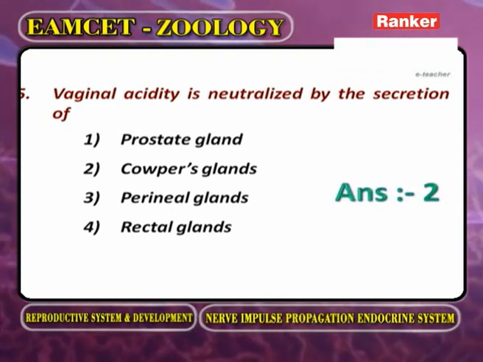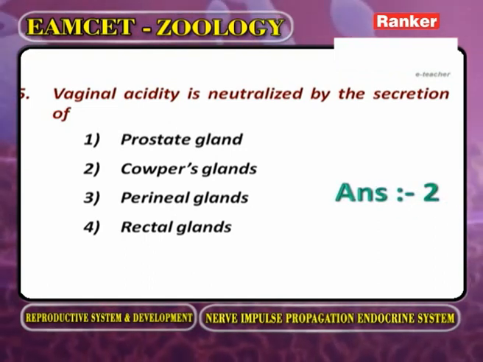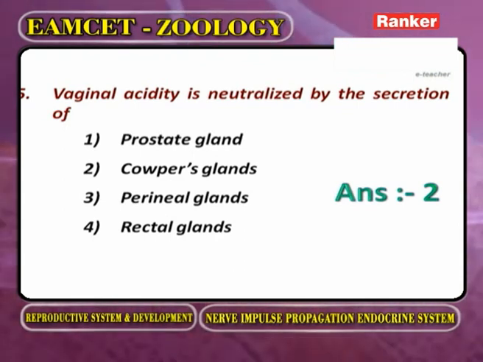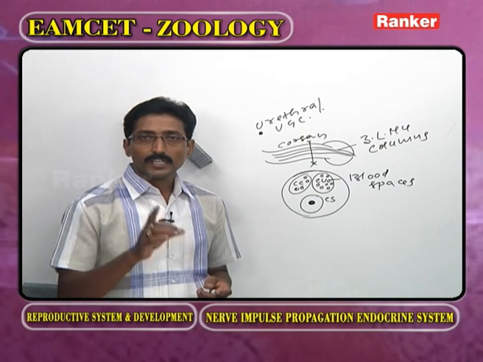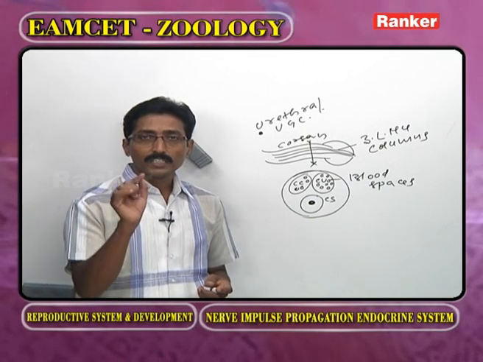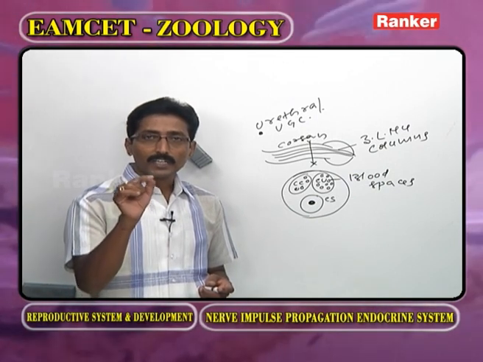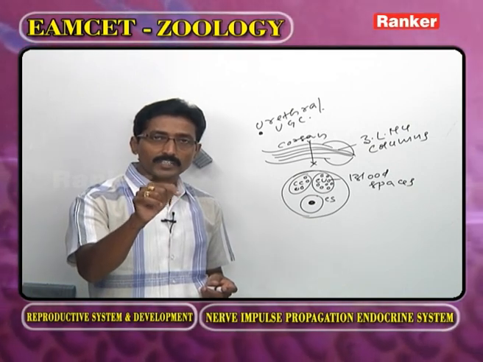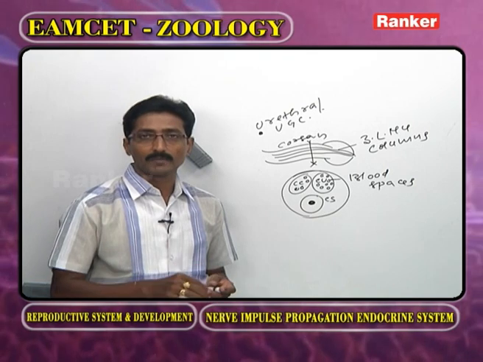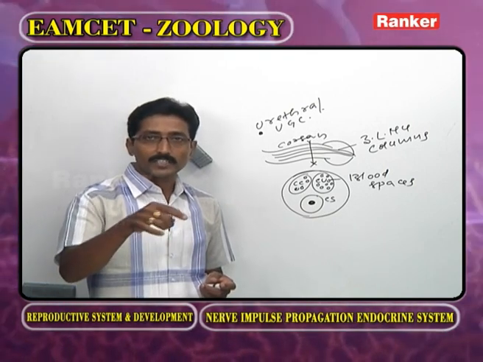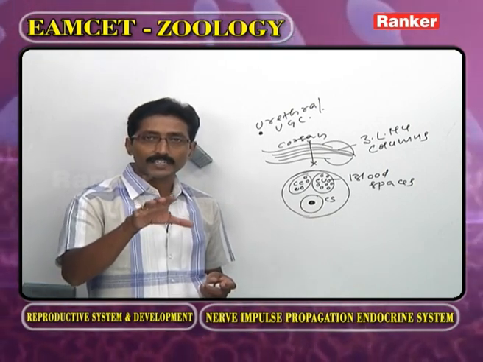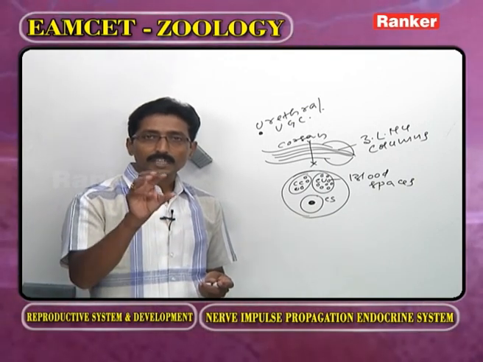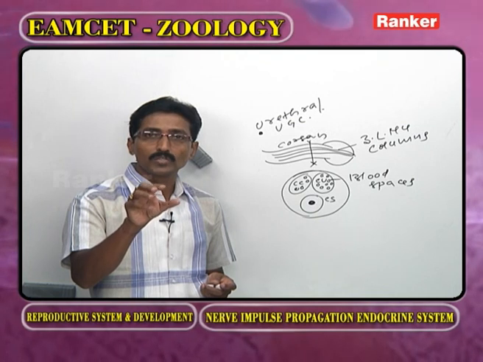Vaginal acidity is neutralized by the secretion of. Now at the time of copulation, the male animal inserts the copulatory organ into the vagina of the female animal. In the vaginal cavity acidity is present. If acidity is present, the sperms are going to die.